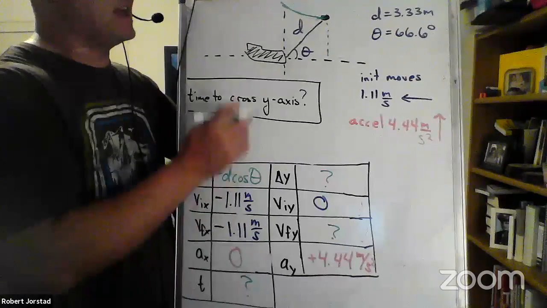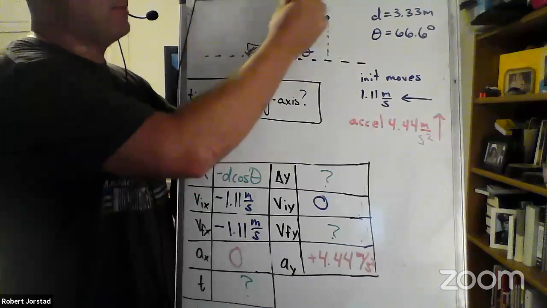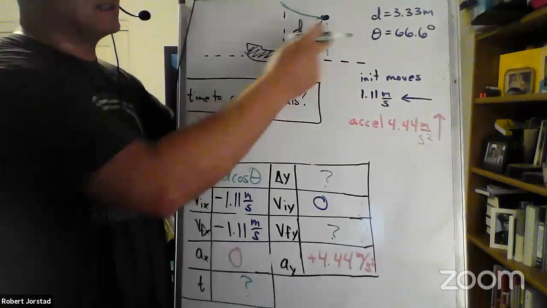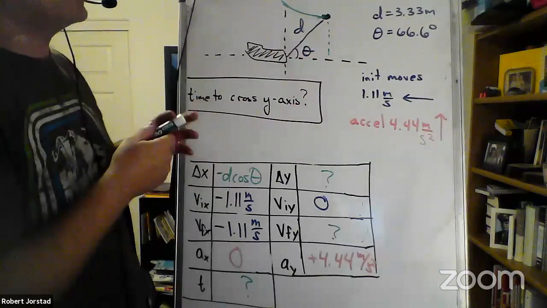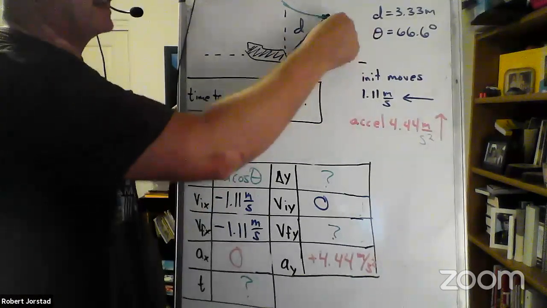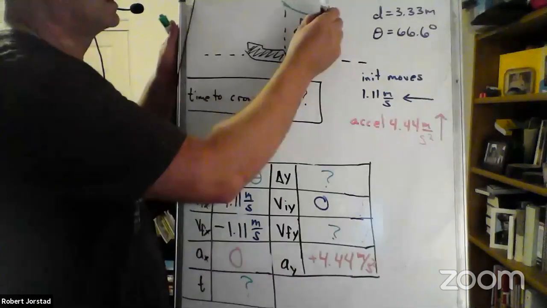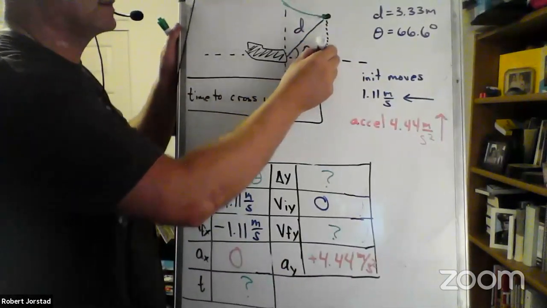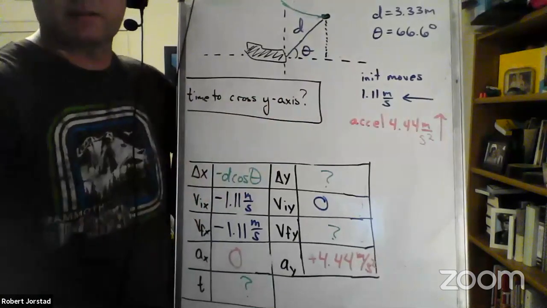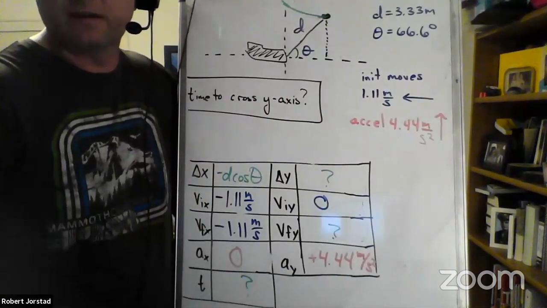Okay. And then there's no reason to think that this will go upwards. Like, let's say, what is this distance? D, could you just tell me what D sine that is? What is D sine 66? Did somebody put it in the chat for me there?